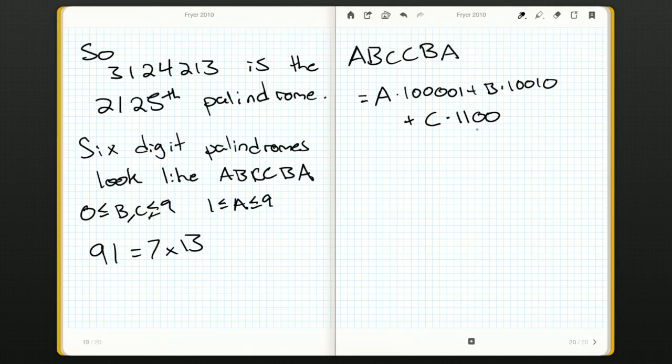Now, I've been saying pretty sure, but let's actually just check. 10010 divisible by 91.